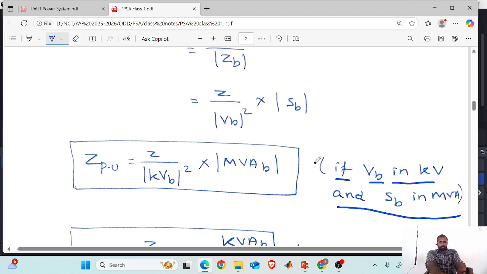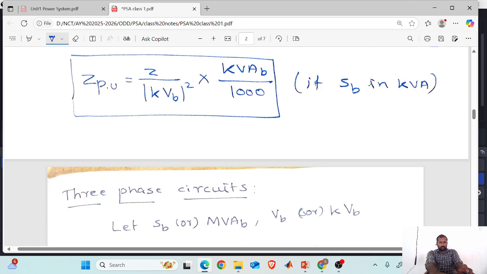Then finally, if the SB values are in kVA, as I already told, if you want to convert that into MVA, you have to divide the kVA value by 1000, right? So that they have done here: Z per unit, Z divided by kVB square into kVA base divided by 1000.